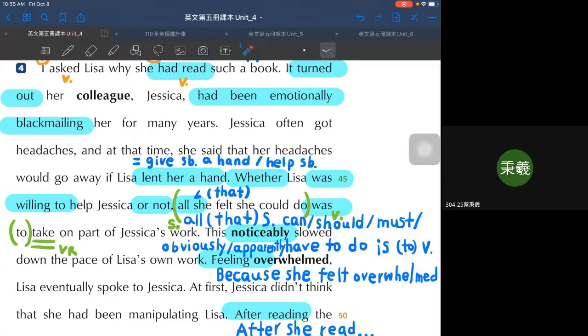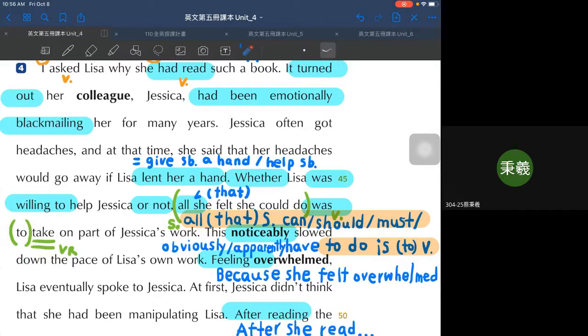And mostly we'll omit the word to here. So that's why we always put a root verb behind.